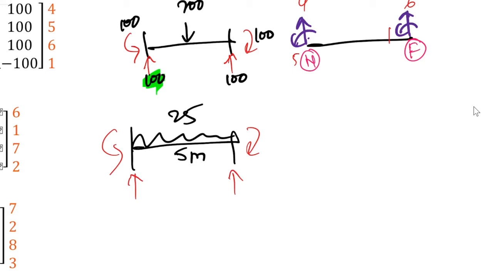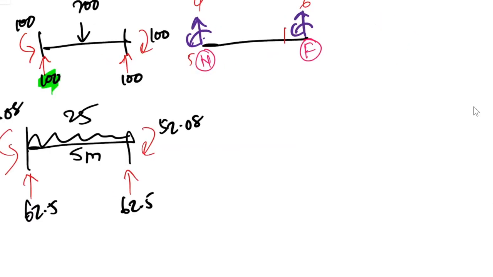Based on the formula, the vertical reaction is WL over 2. 25 times 5 divided by 2, we get 62.5. And for the fixed end moment, it is 25 times L squared divided by 12, so it is 52.08. And we need to compare with this.